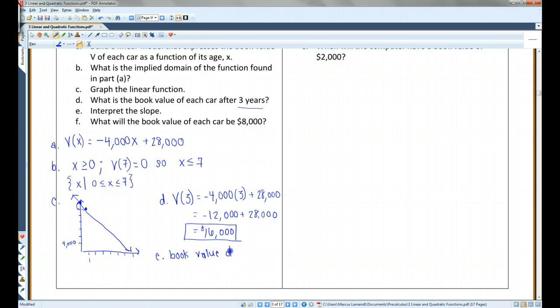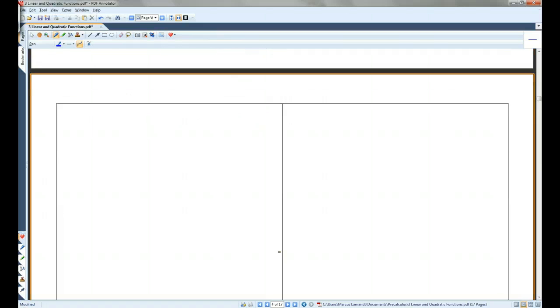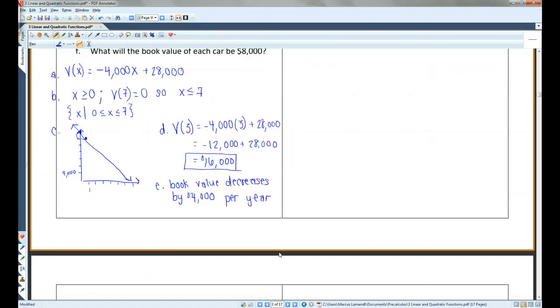Book value decreases by $4,000 per year. Did I give you guys more space? I did. Good.